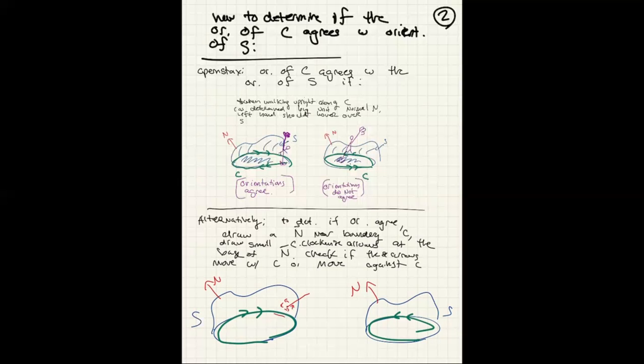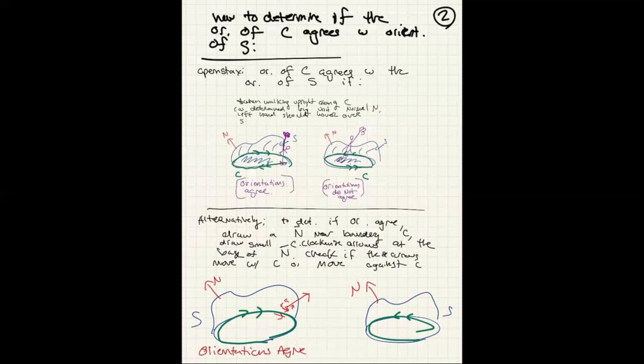Here the arrows, if you were to place cogs, mechanical gears, one on the edge and one at the base of the normal vector, would be gliding, moving along with each other. So here we have orientations agree.